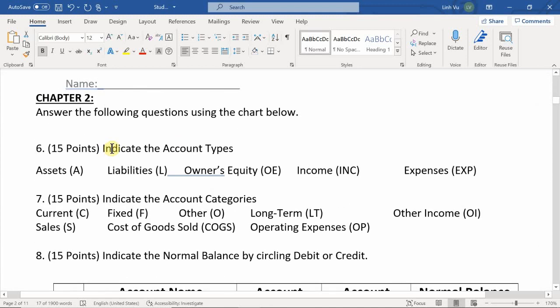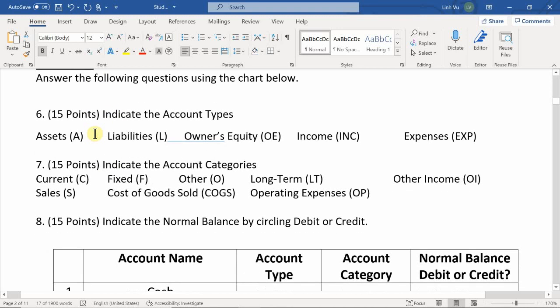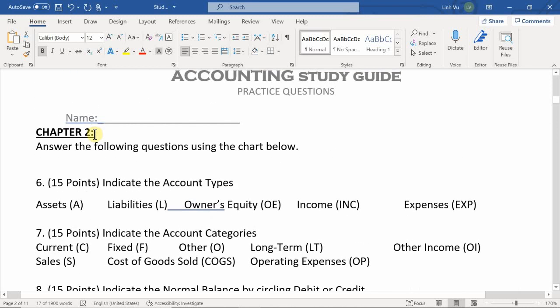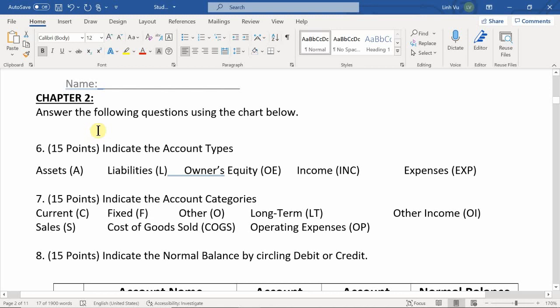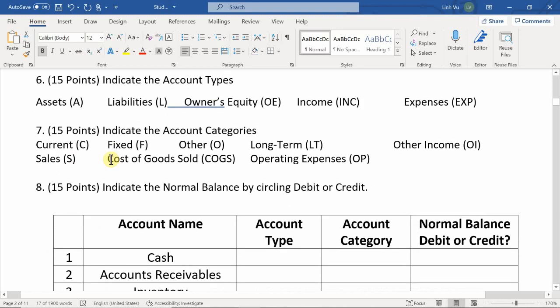So here's the part, chapter 2, that I was talking to you guys about. Your responsibility for this chapter is this: I will give you an account and a description of what the account is, and your job is to determine the account type, the account category, and the normal balance.